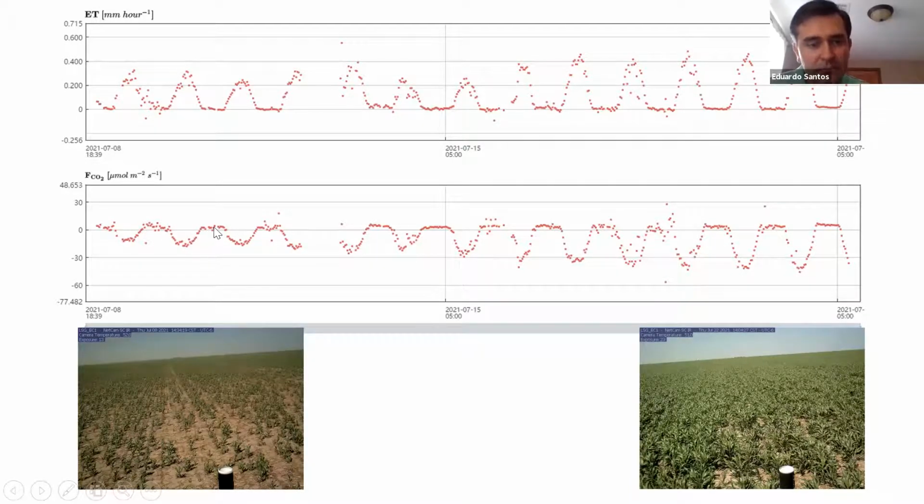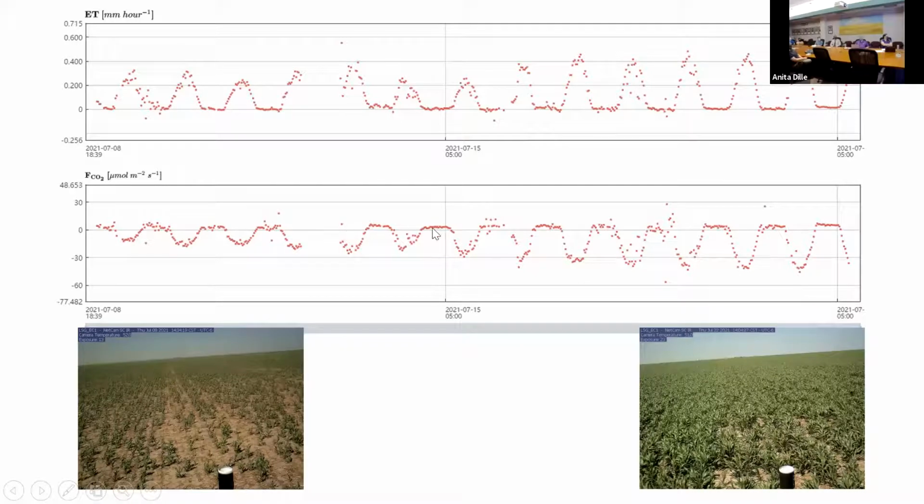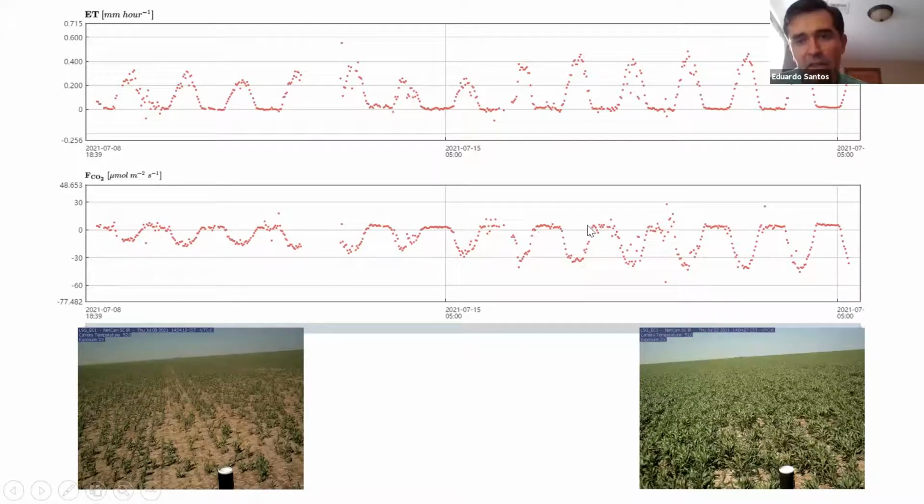But during the night, you see that the flux here is positive. So some of that CO2 is being released at night because there is no photosynthesis. So then the only flux going on here is what we call ecosystem respiration, which is plant and soil respiration.